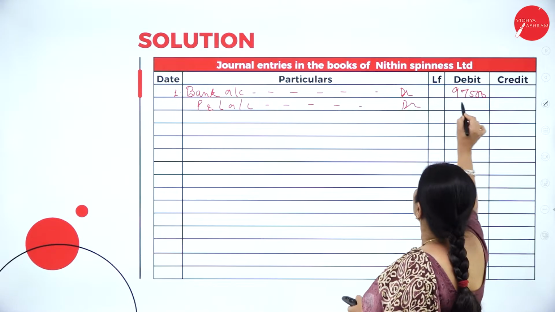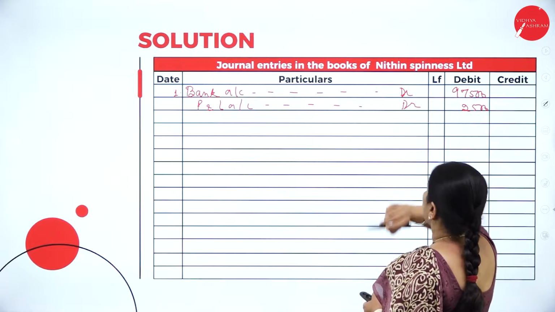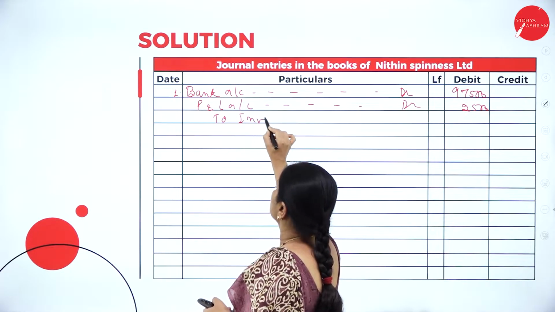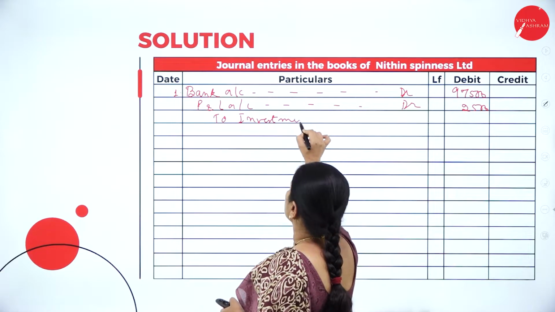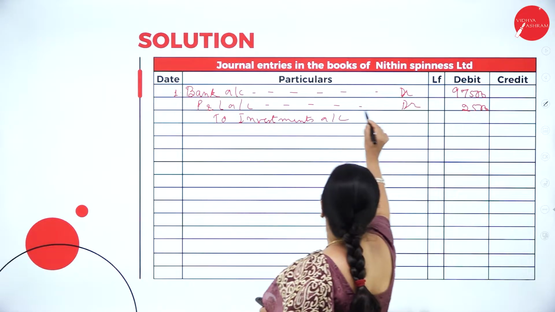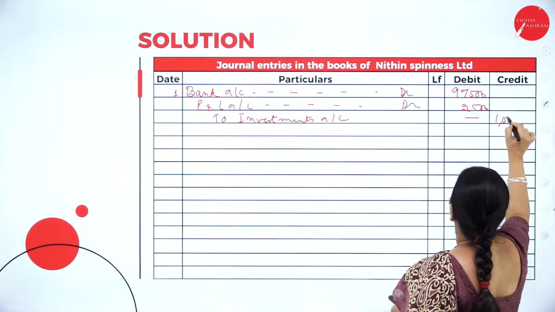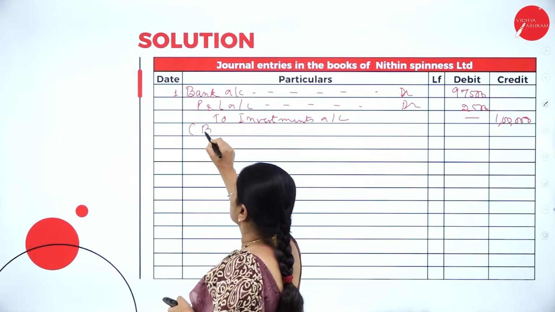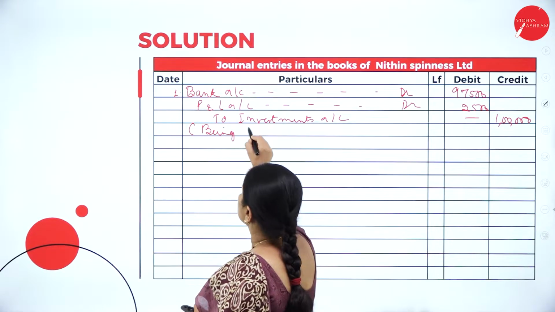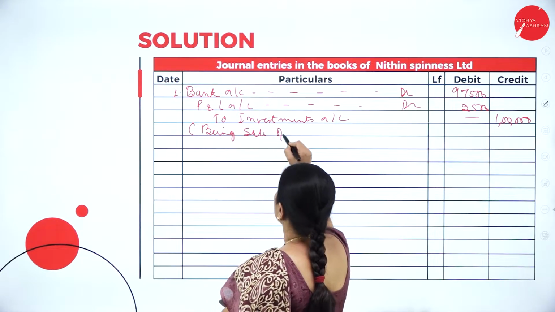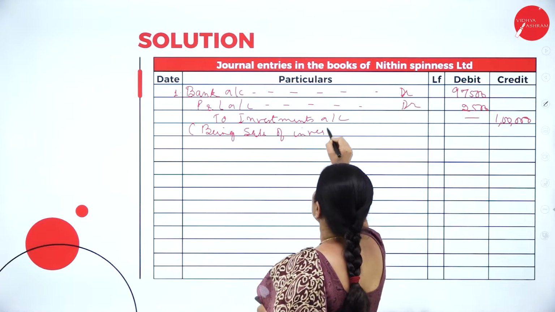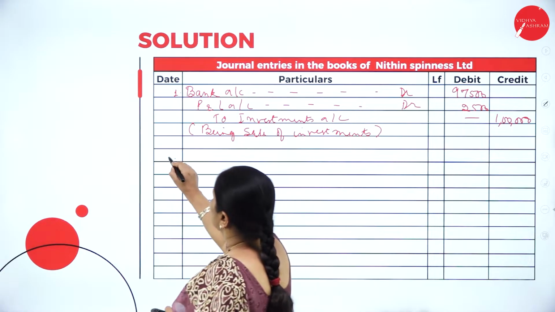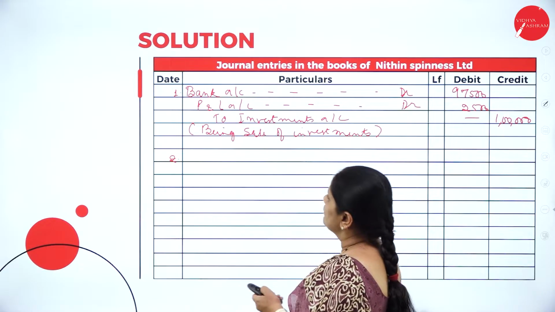So it is a loss 2,500 to investments account. To investments account 1 lakh, being sale of investments. Now, the next journal entry we will see.